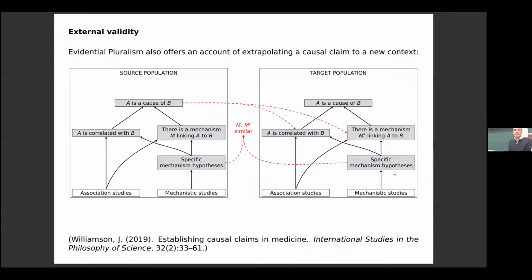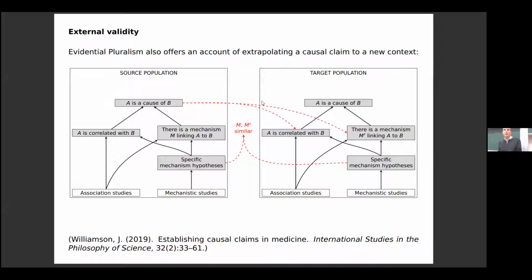Evidential pluralism also has an account of external validity. We might establish causation in a source population using evidential pluralism. This can help confirm causation in a target population we're interested in if we can provide evidence that the mechanisms by which causation occurs in the source population are similar enough to the mechanisms by which causation is supposed to happen in the target population.